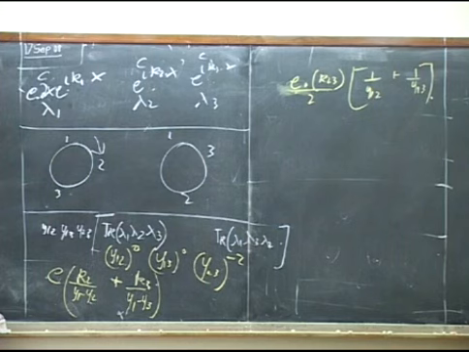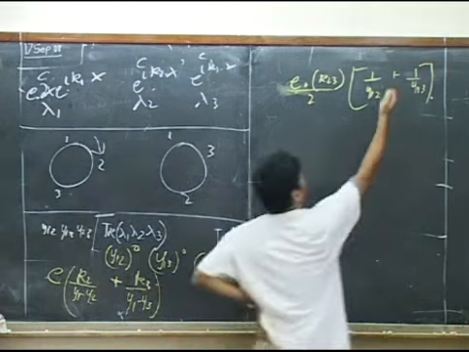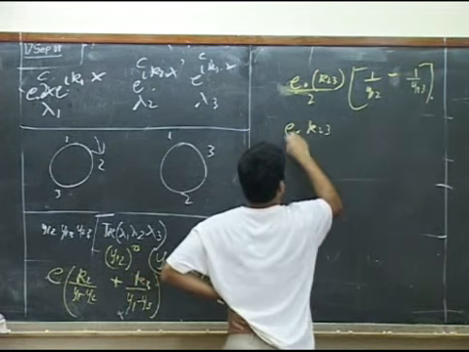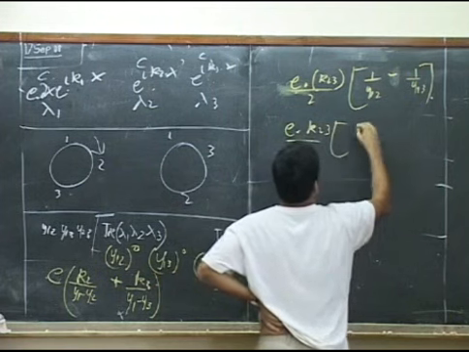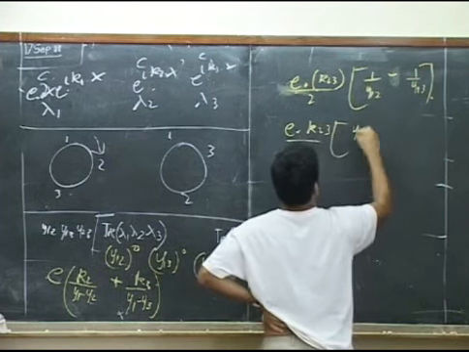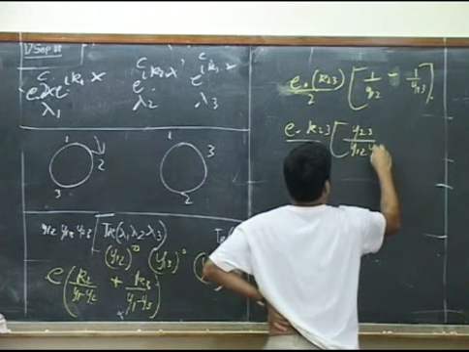Is that right? Oh, sorry, with a minus. Okay, which is epsilon dot k23 by 2 into, now we get y23 over y12 y1.